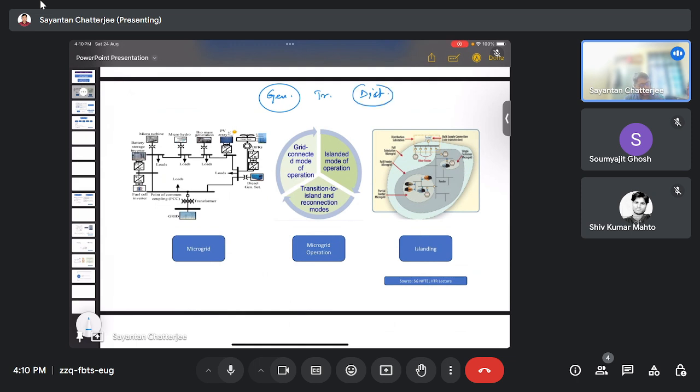And distribution is where the standard load centers are.